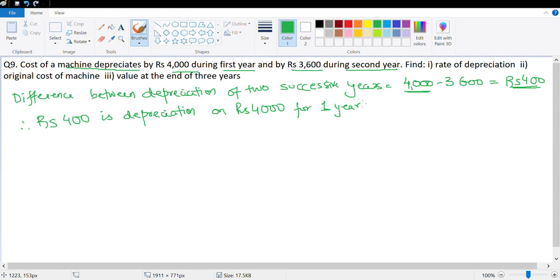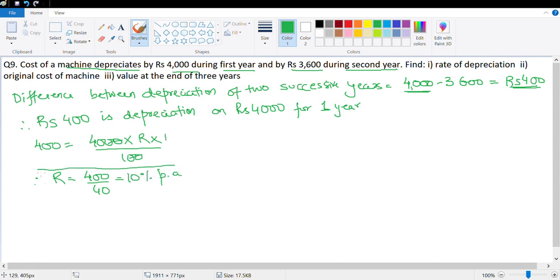Let's put it in the formula and we get 400 is equal to principal into rate, we do not know, into time 1 year upon 100, which means therefore R is equal to 400 upon 40, which is equal to 10% per annum. So that's the depreciation rate and the first part of the question done.